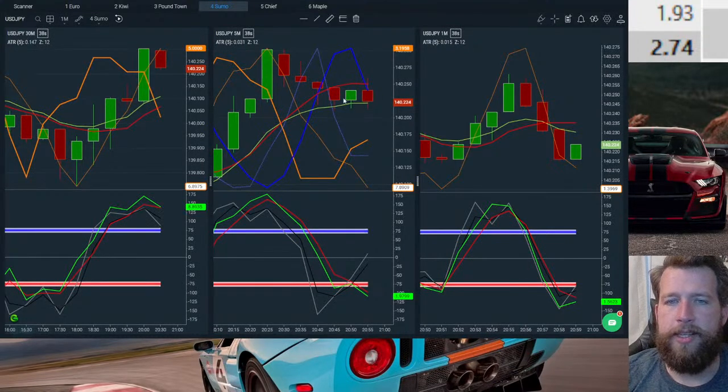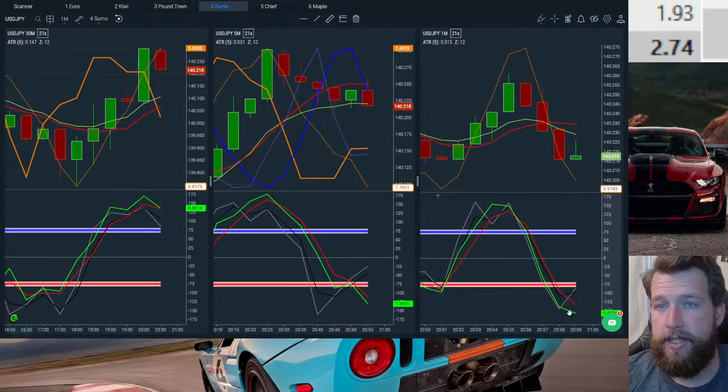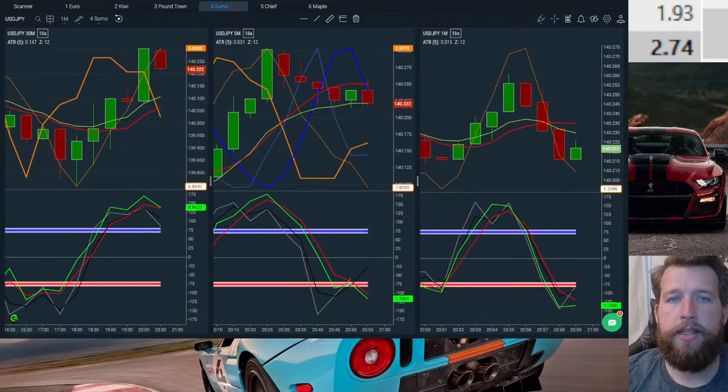But also, we still have not closed under this pressure here. And if we continue to go down here, we actually will have a good Hydra. I'm going to tee up this trade just in case.